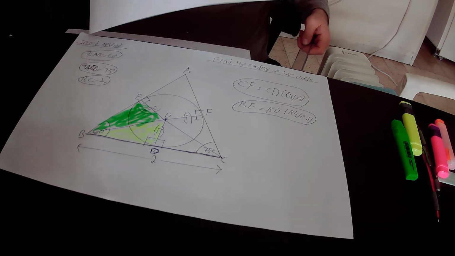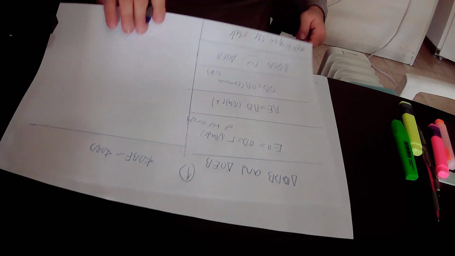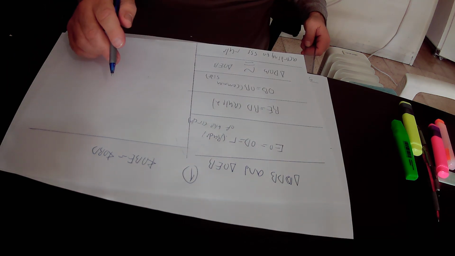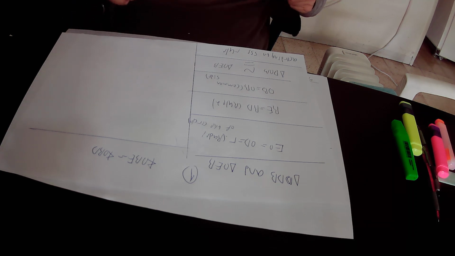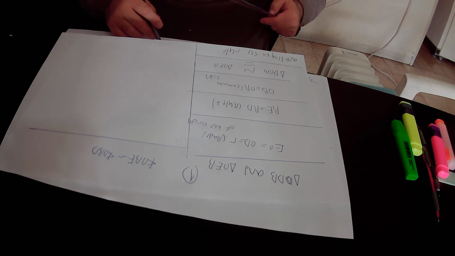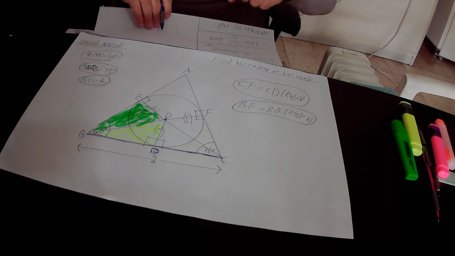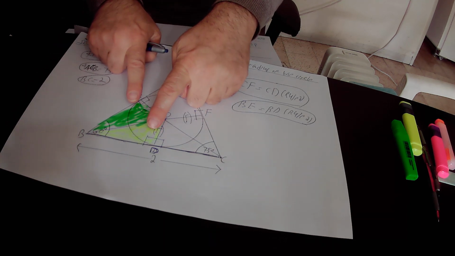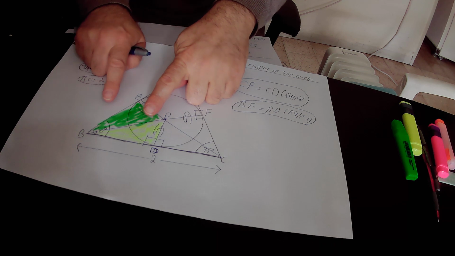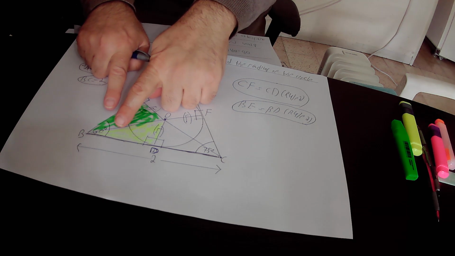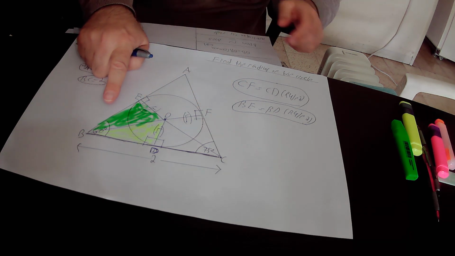Once again, angle OBE in the green triangle equals angle OBD in the yellow triangle, according to the rule that corresponding angles in congruent triangles are equal to each other. Those two triangles can go into each other, therefore the two corresponding angles must be also equal to each other.